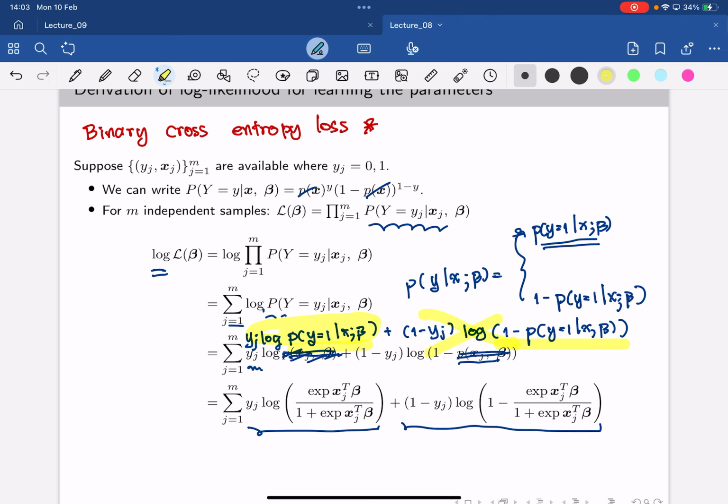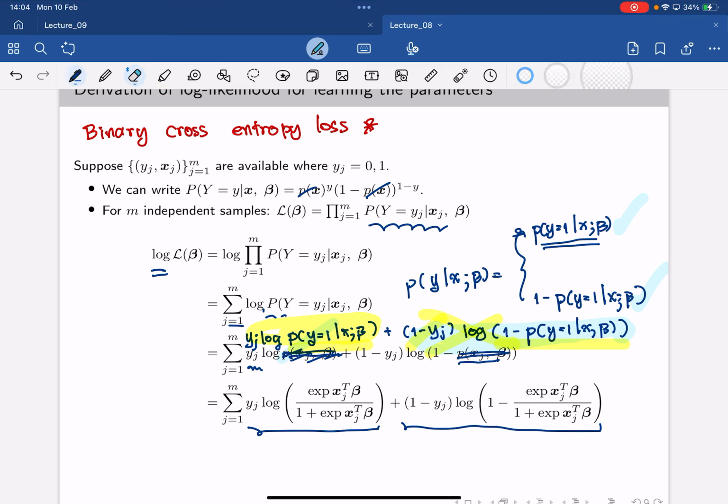If yj is equal to 1, then this other term will be 0, so you will not use that probability. But if yj is equal to 0, then you should use this log of probability function, but not this one. So the 0 or 1 here is like an indication of switching between the probability of y equal to 1 or probability of y equal to 0. That is pretty much the way that people put it.